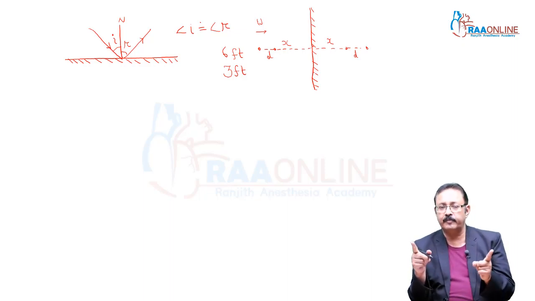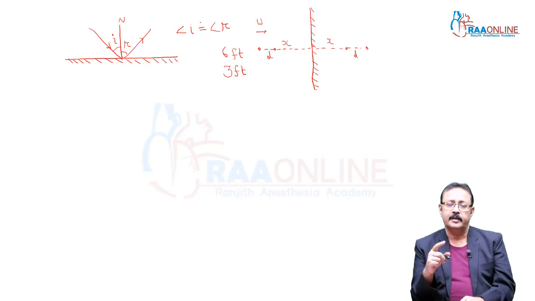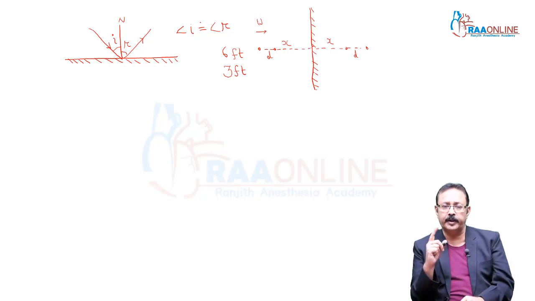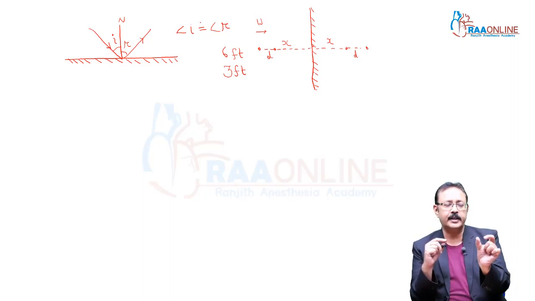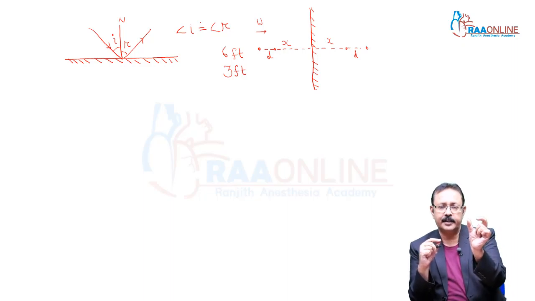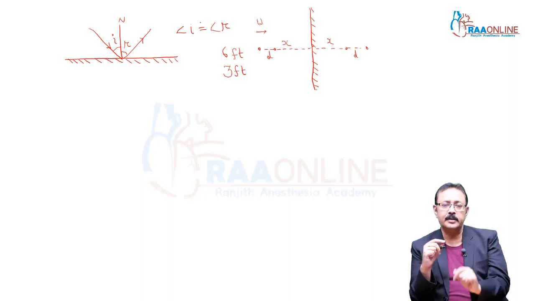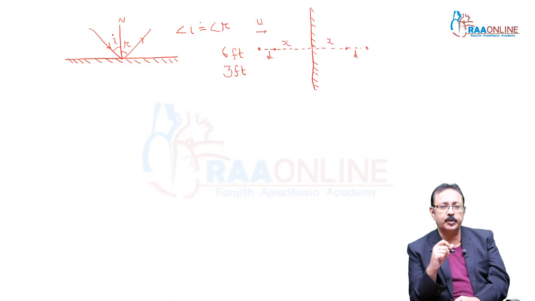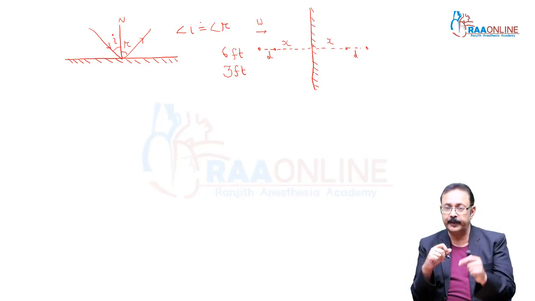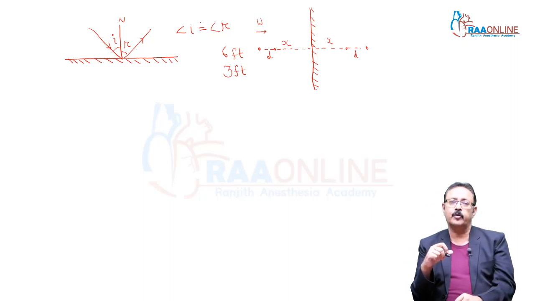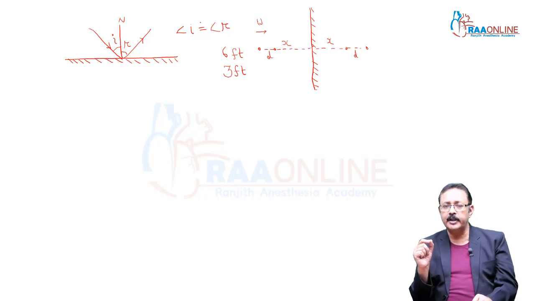It means between you and the image, the distance is decreased by 2d in 1 second. So the image is approaching you with double speed. If you are moving towards the mirror with speed u, the image will move towards you with speed 2u, but towards the mirror it will be u.